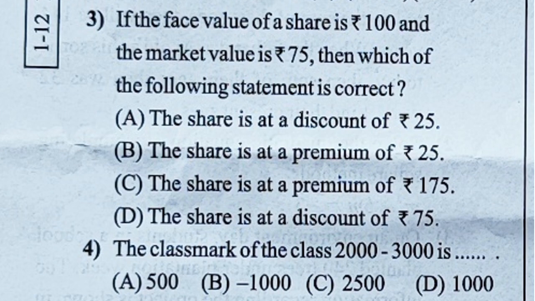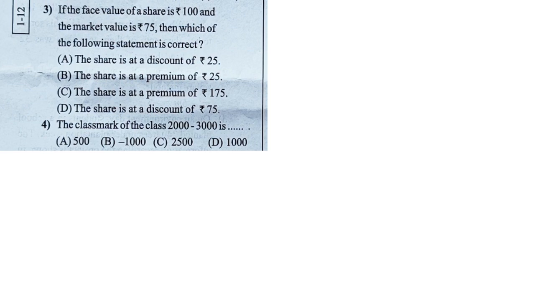If the face value of a share is rupees 100 and the market value is rupees 75, means you can see 100 is decreased to 75. I am writing here: face value 100, market value 75, it is decreasing.